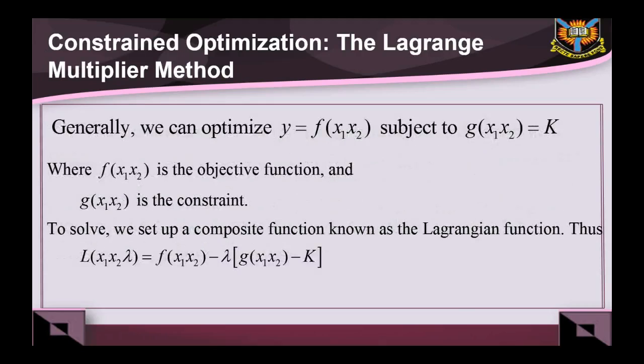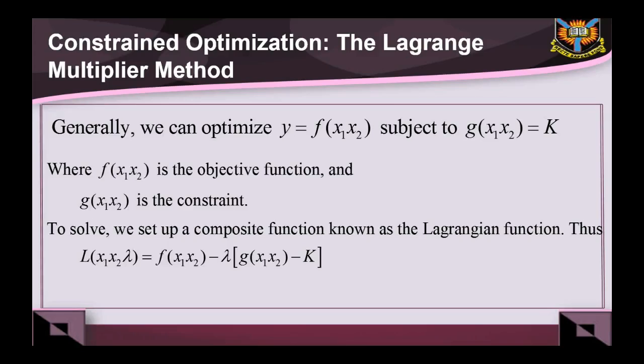Generally, we optimize y equals f of x1, x2, subject to g of x1, x2 equals k, where f of x1, x2 is the objective function and g of x1, x2 is the constraint.